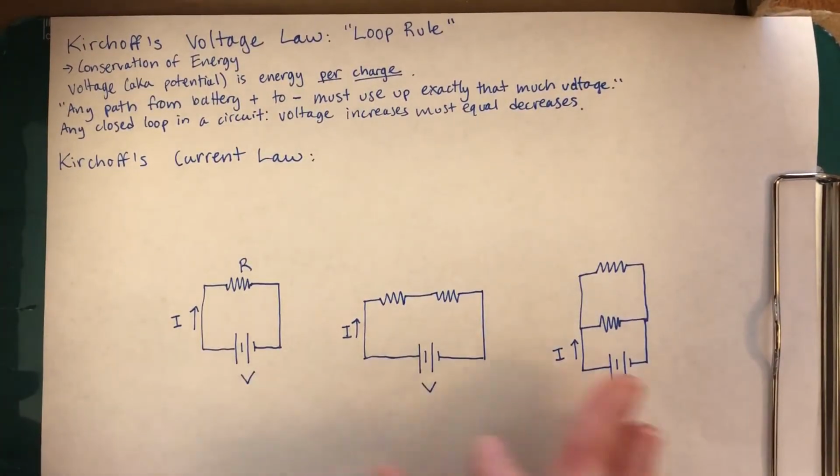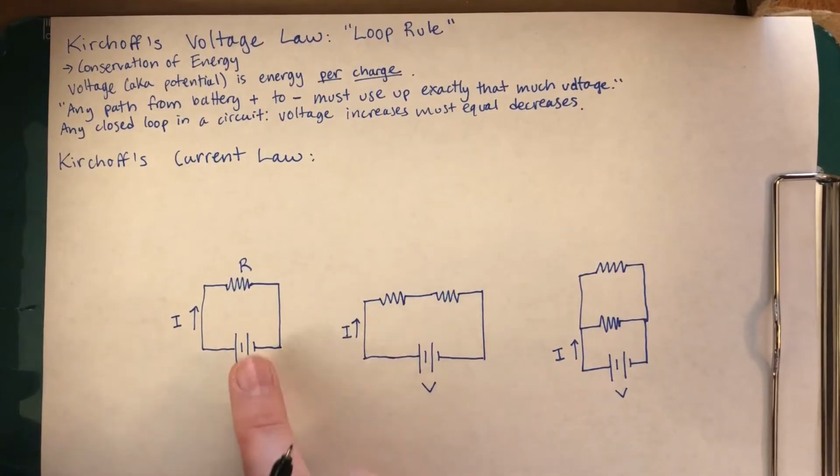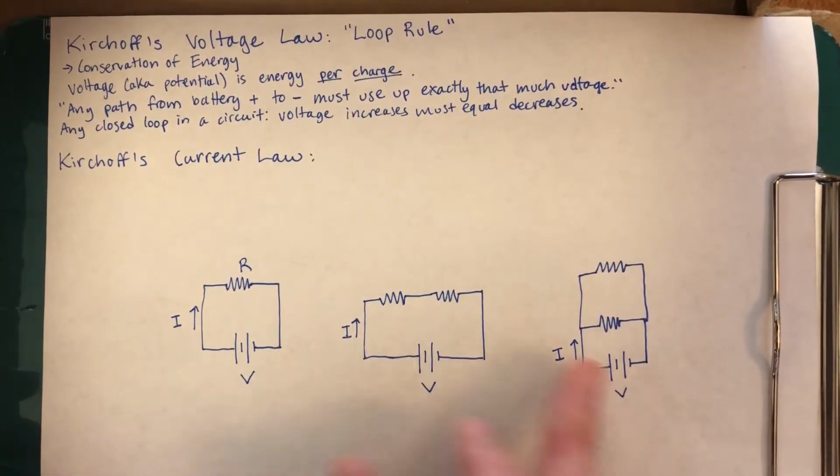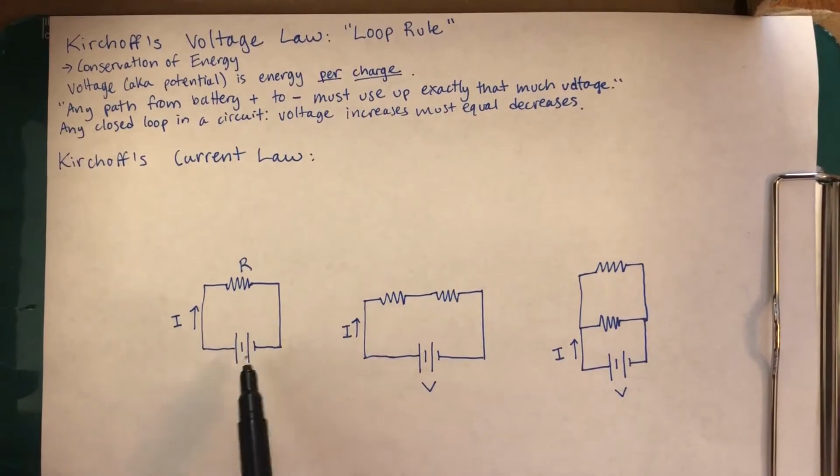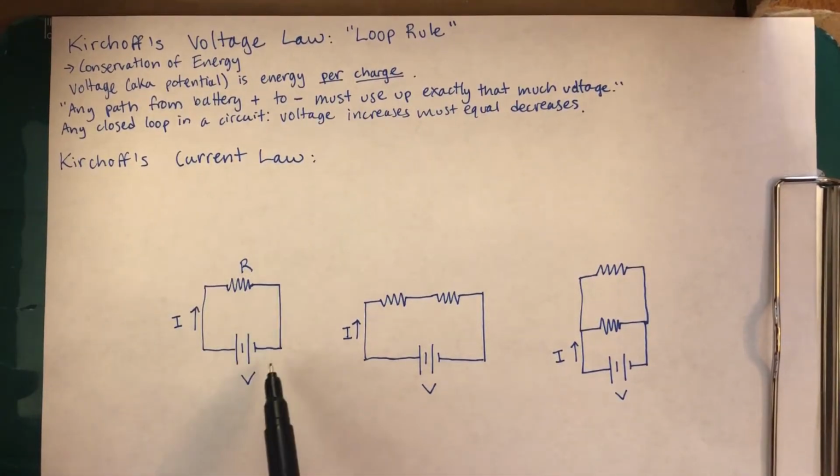Let's talk about what this rule means in terms of these three circuit diagrams. This first one is just a simple battery connected to a resistor.